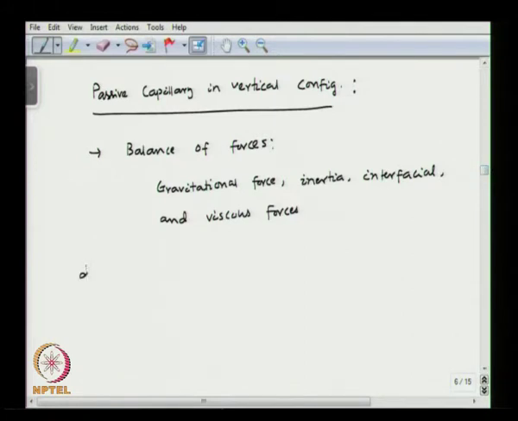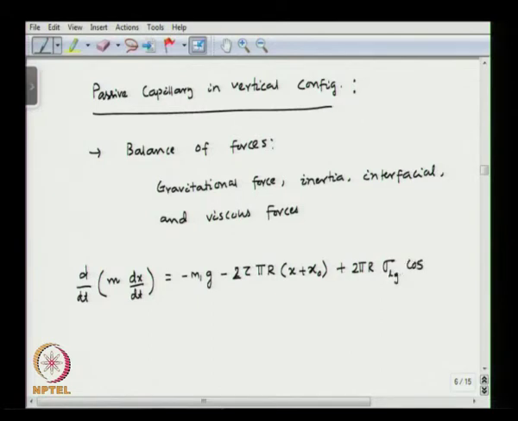We can write d over dt into m dx over dt minus m1 g minus 2 tau pi r into x plus x0 plus 2 pi r sigma Lg into cos theta.